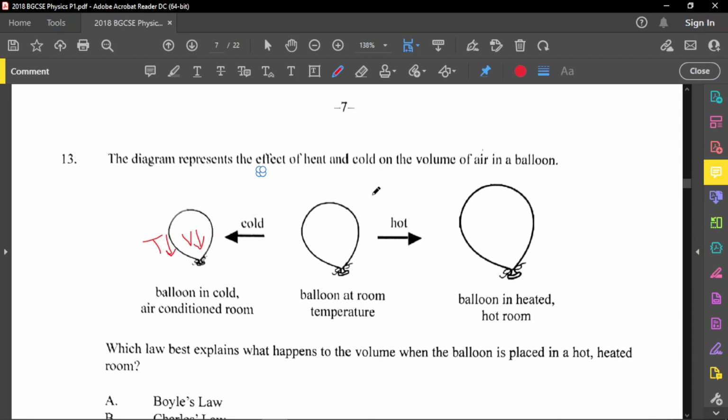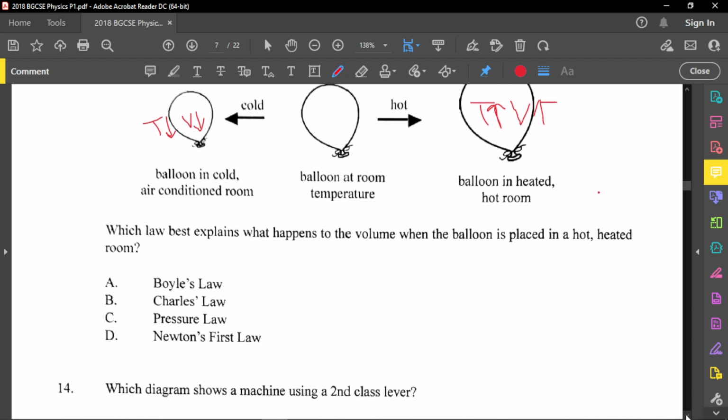And when you increase the temperature, when temperature goes up because it gets hotter, the volume also increases. So that's the relationship taking place right there. From normal to colder, temperature drops, the volume also decreases. The balloon gets smaller. From normal to hotter, temperature increases, the volume also increases. So if you notice, the size of the balloon increases.